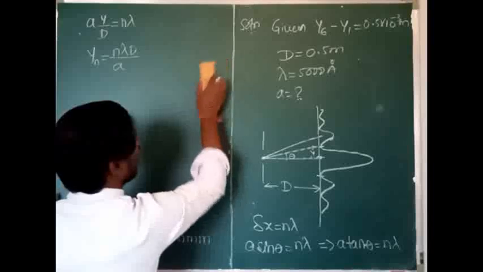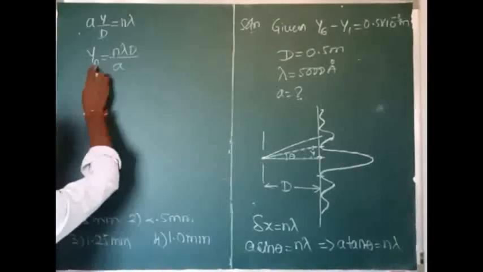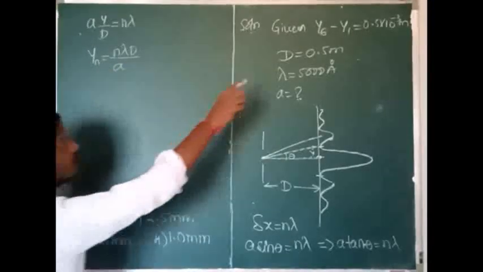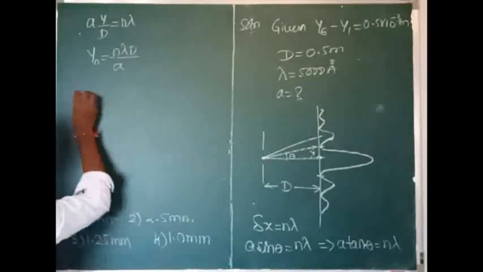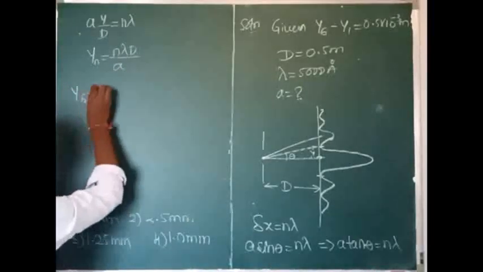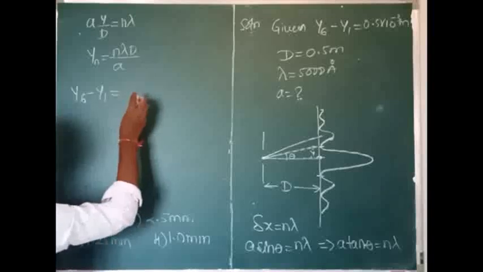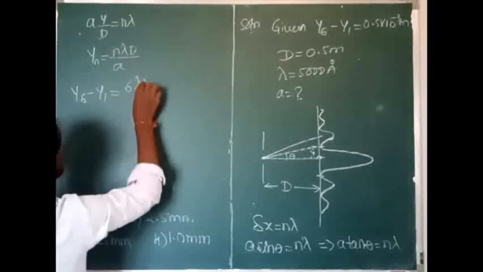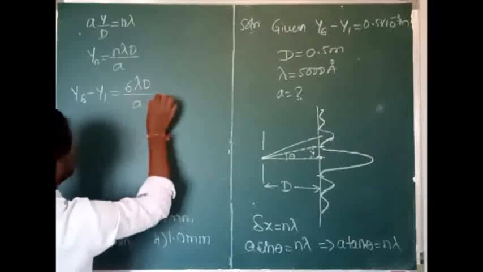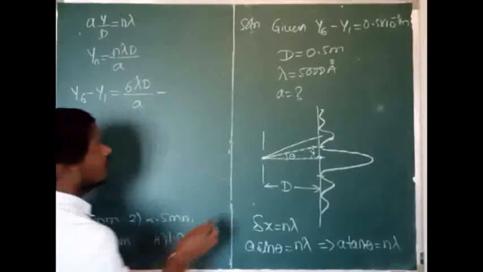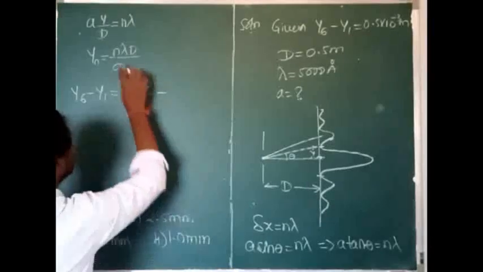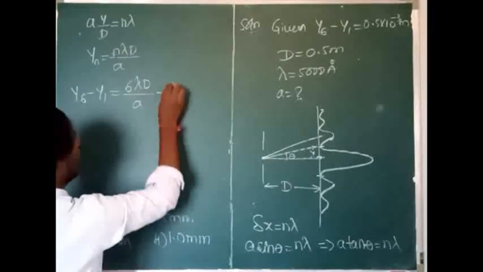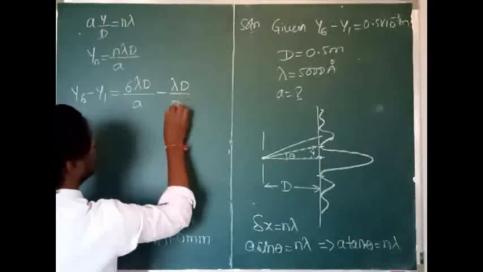Then for the first minima I will write it is y1. For the sixth minima I will write it is y6. Then y6 minus y1 can be written as, 6 into lambda capital D divided by a, minus what about y1? y1 is nothing but n is 1, that is lambda into capital D divided by a.